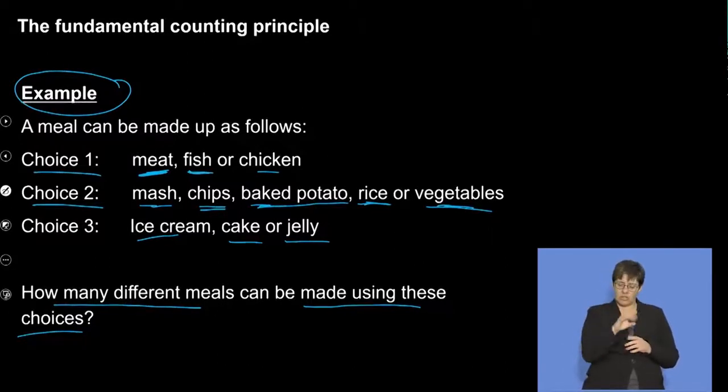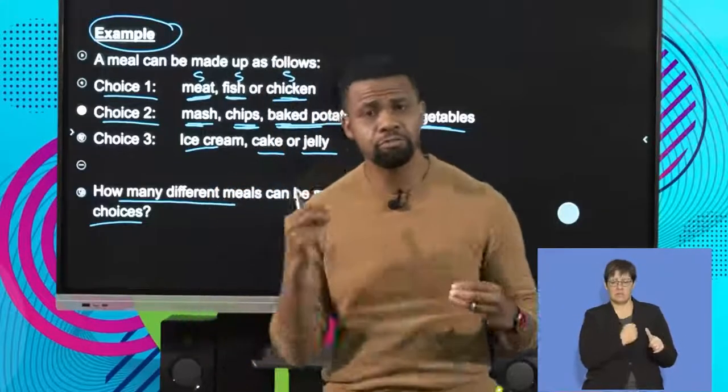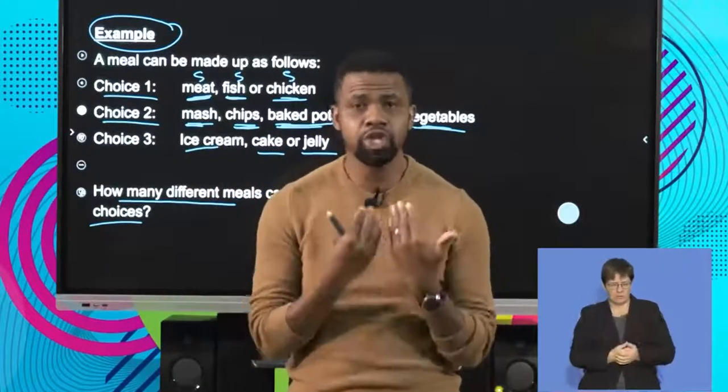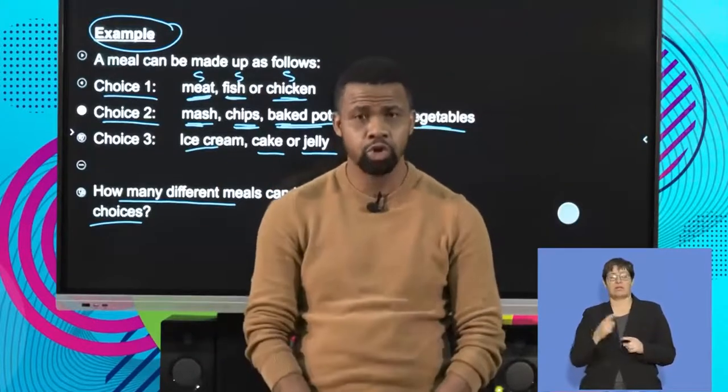Fish, similarly, I could choose mash, chips, baked potatoes, rice, or vegetable. So there's also 5. Chicken also, there's 5. Hence we got the 5 for that, and the 5 for that, and the 5 for that, which gave us 15. But by the fundamental principle of counting, we don't have to physically count and combine this and this. What we can do is what we did: choice 1 multiplied by choice 2, which is 15.